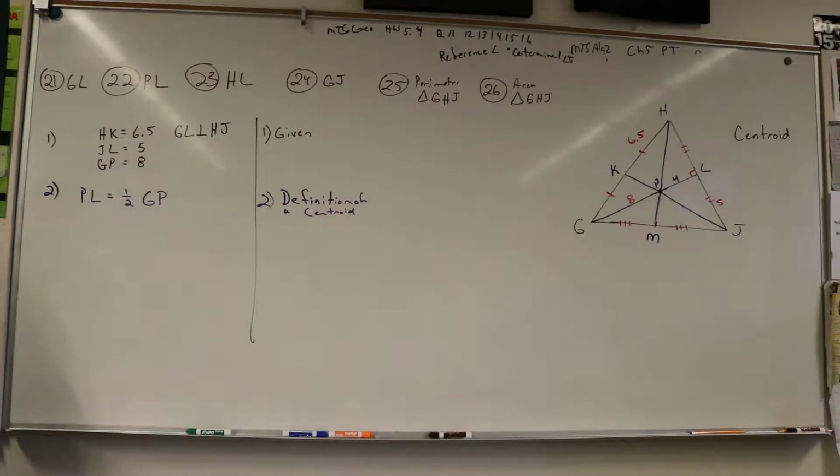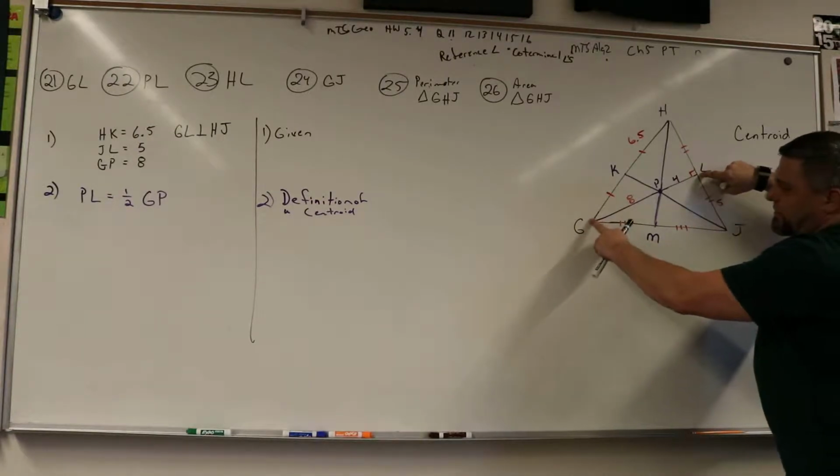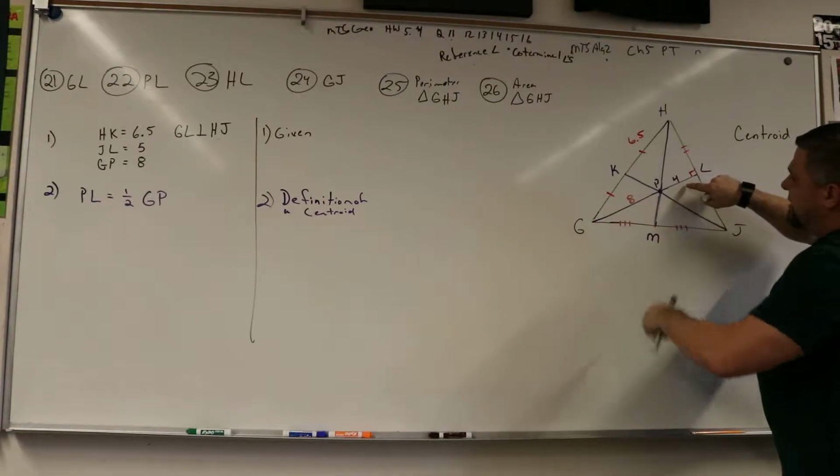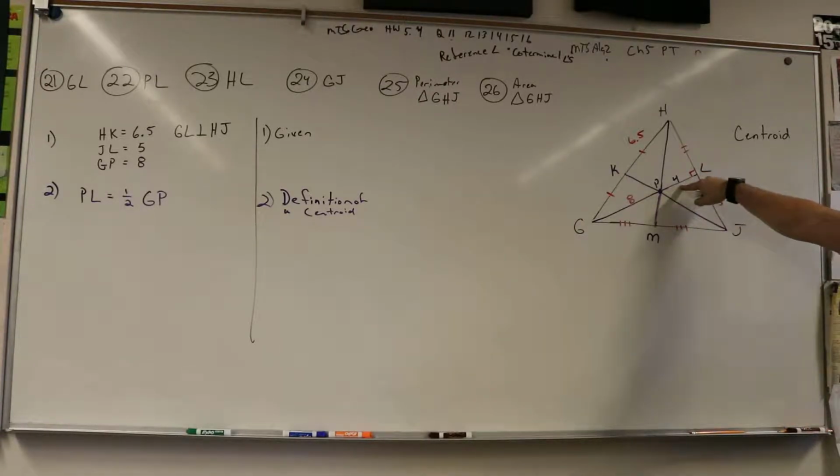Okay? So the centroid says that it gets split up into 3 pieces. If this is cut in half and it goes to the vertex, then this piece is twice as large as this piece. That's what a centroid says.